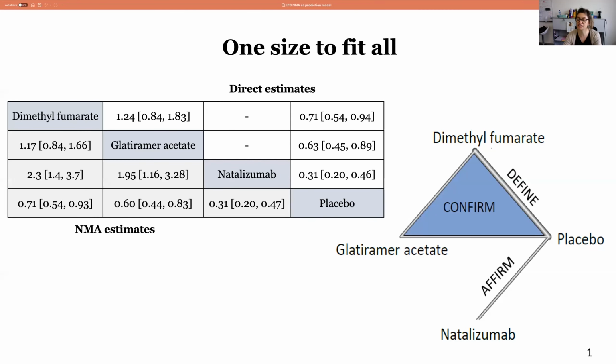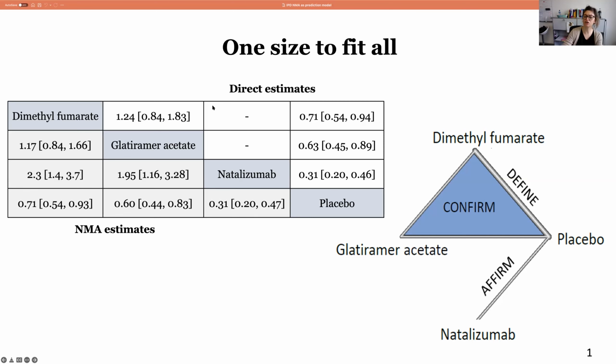And if we do a simple network meta-analysis, we will get the odds ratios that you see on the lower triangle. Less than 1 means that the treatment is effective in reducing the risk of relapse, and on average natalizumab is associated with the least odds of relapse.